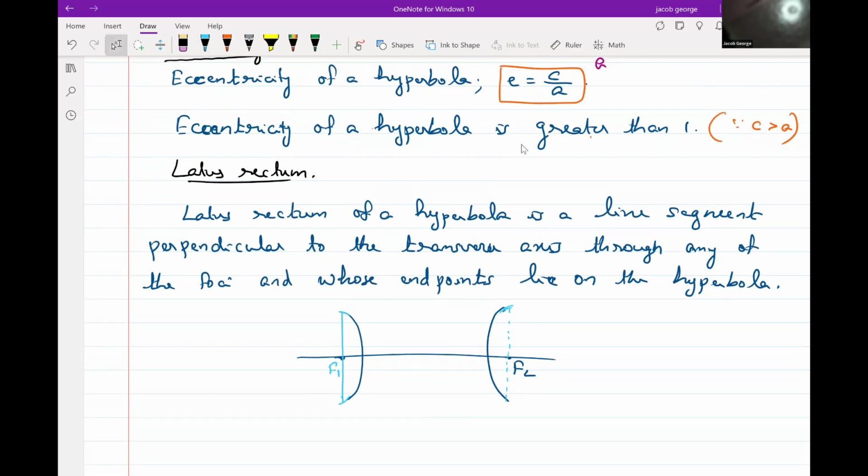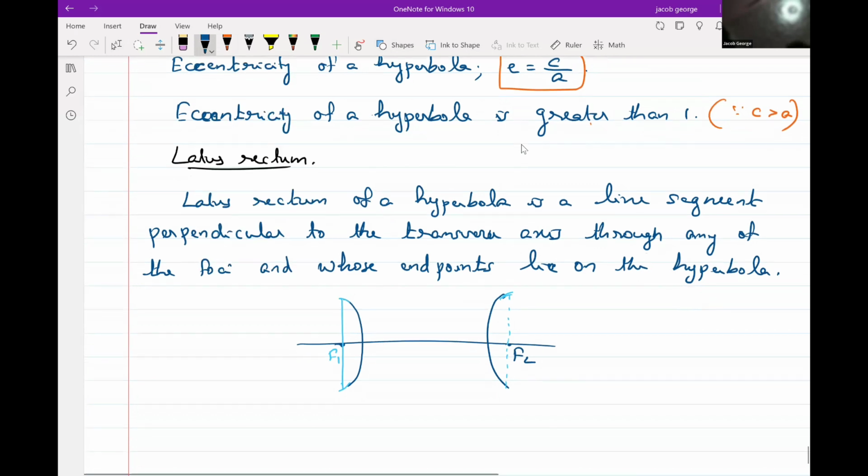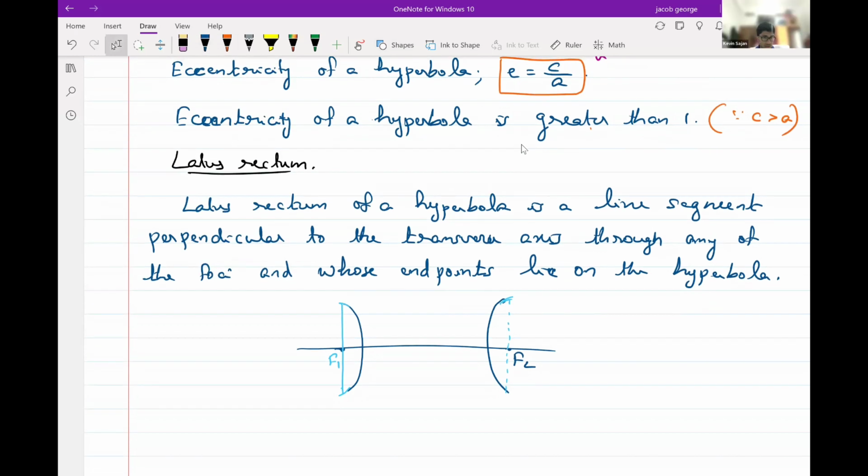Length of latus rectum, it is the same formula as in ellipse. What is the length of latus rectum of ellipse? Same formula, 2b square by a.